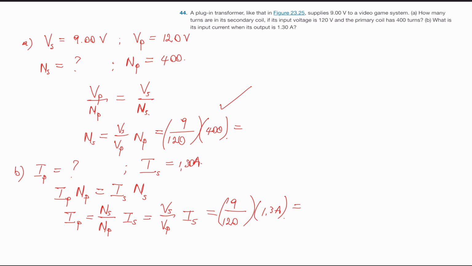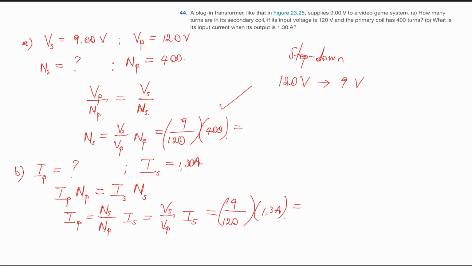But what do we learn about this transformer? Notice this transformer took 120 volts and converted it to 9 volts. You remember what kind of transformer does this? It's called a step-down transformer. And what we know about step-down transformers is that while they step down the voltage, they actually amplify the current.